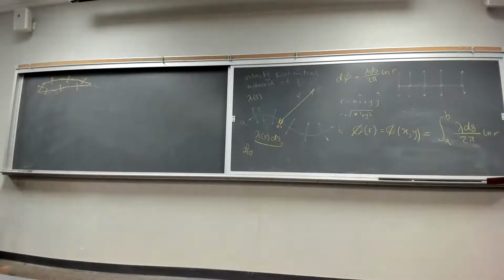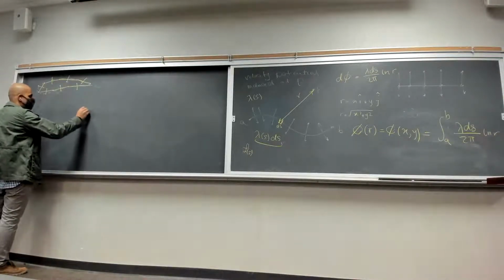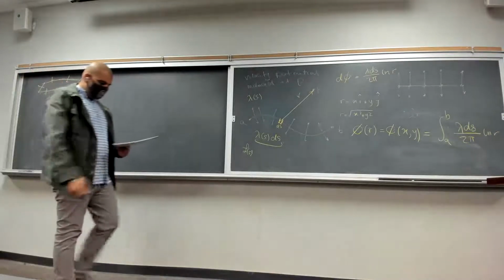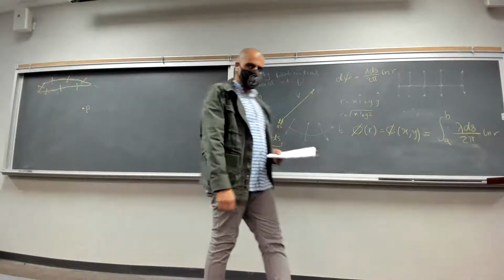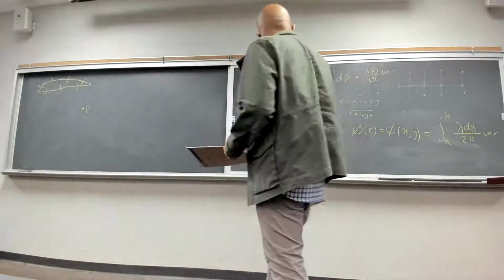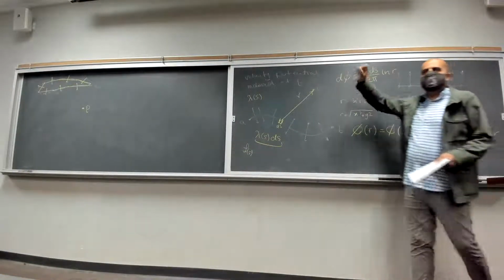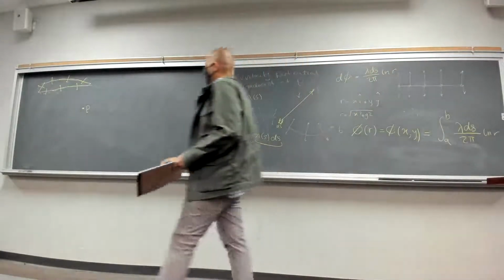So how can we calculate the velocity potential that is induced by these sources onto this point P? Okay, how can we do that? Here, we are dealing with d of phi, the derivative of phi, a small element of phi.